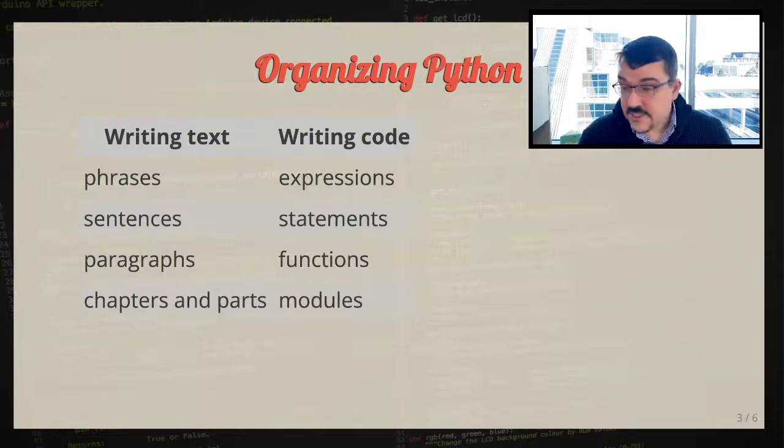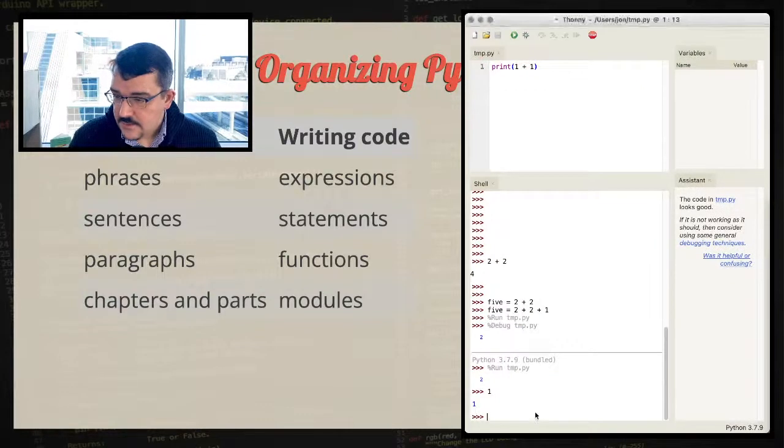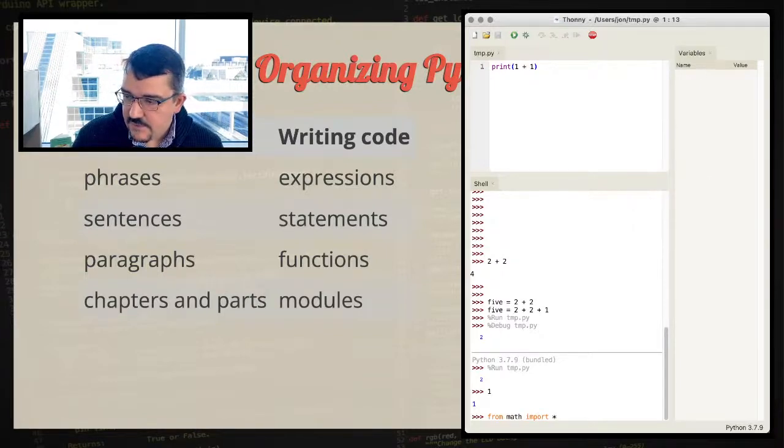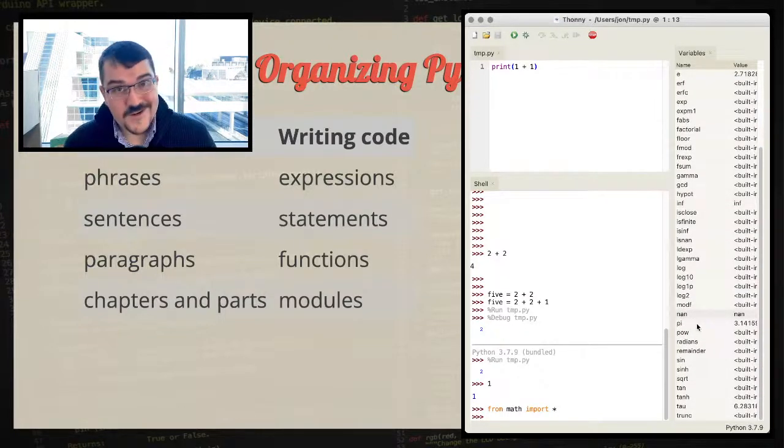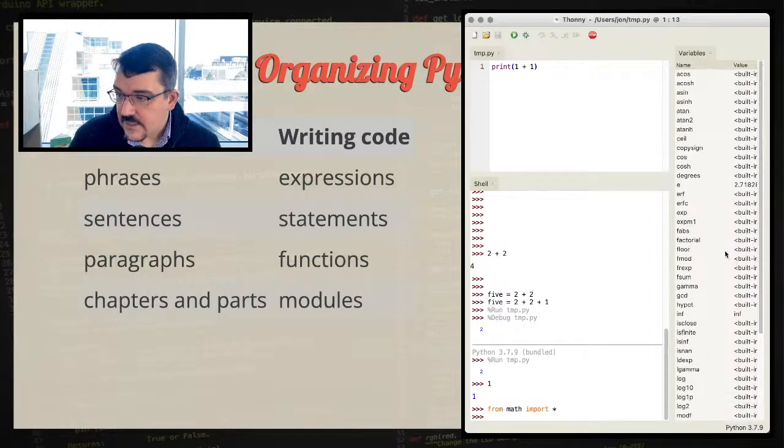Right, so math is an example of a module that we've used thus far in the course. So from math import star, when I type this, we're going to see this variables box in Thonny fill right up. Boom. Suddenly there are a whole bunch of names that are available for our use that include things like inf, nan, we talked about nan, not a number, pi, tau, as well as a bunch of functions that have become available.